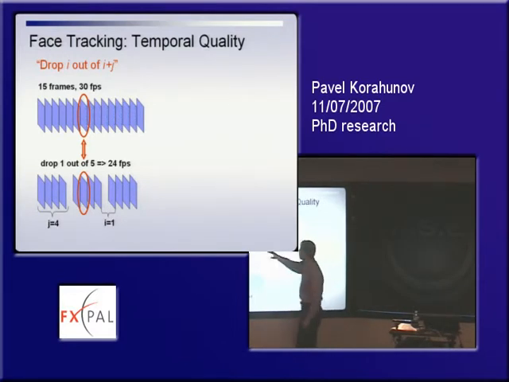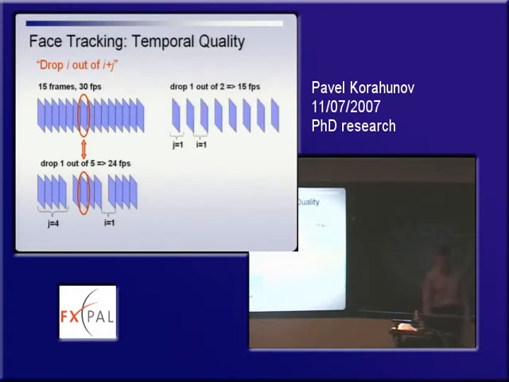So the point here is to have some consistency, because in motion JPEG it's easy to drop frames, while in MPEG you drop B frames, you drop P frames, so you have much less variety of quality levels. But the point here is to see the trend, and to understand whether we can do it in general or not.